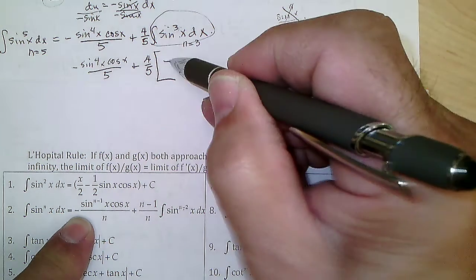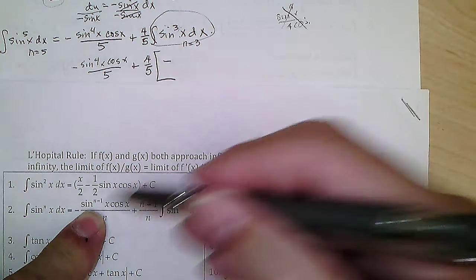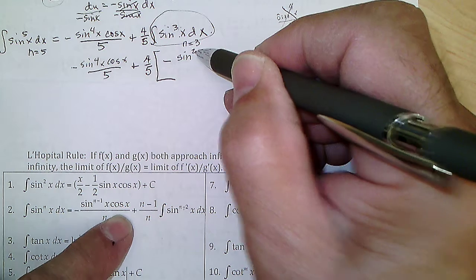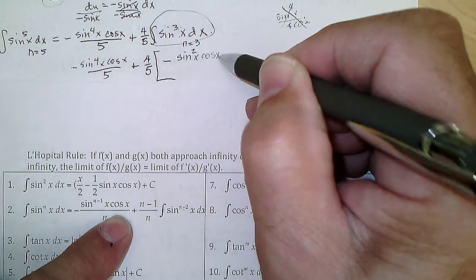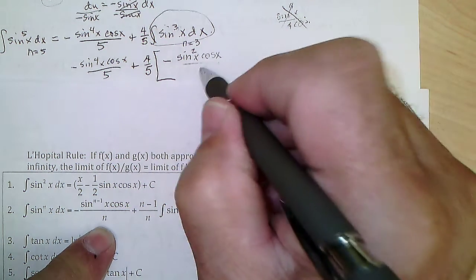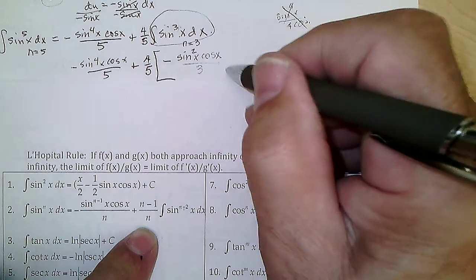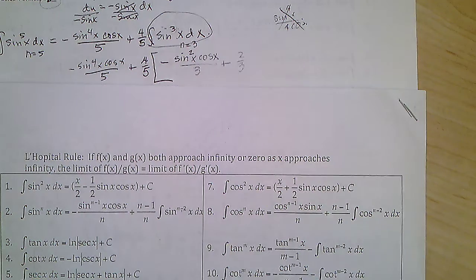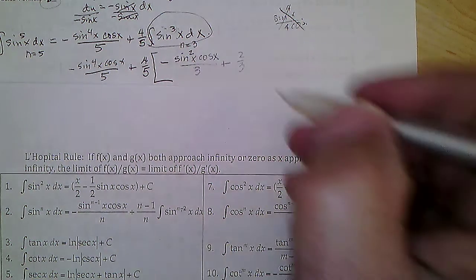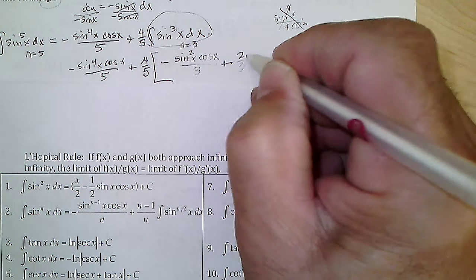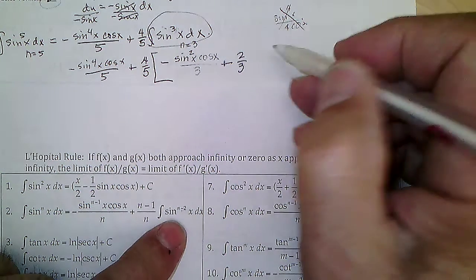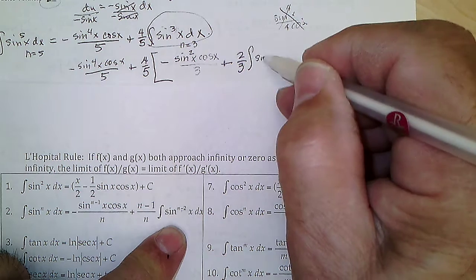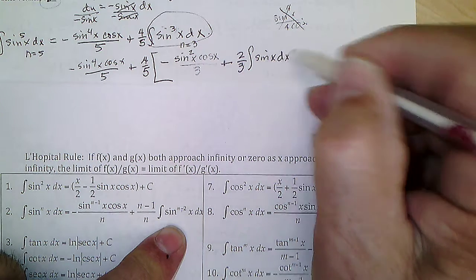So I'd have minus, looking down here, sine to the second, to the n minus 1, x cosine x over n, which is 3 now, plus 2 over 3, and you can see my pen's dying. Let's hope this one works. Plus 2 over 3 integral of sine to 2 less than 3, which would be sine of x dx.